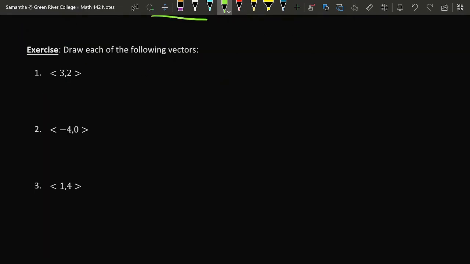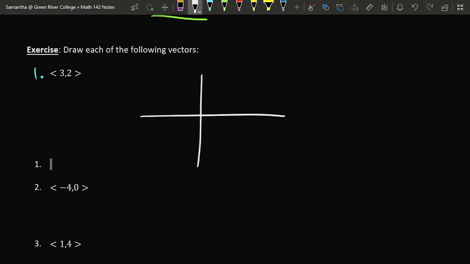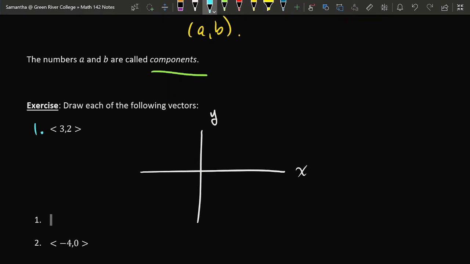Components. So let's take a couple of vectors which are being described symbolically, using components, and let's represent them visually. Let's see what they look like in terms of a picture. To draw, for example, the vector angle bracket 3 comma 2, I would start on the xy plane and I would position the tail of the vector at 0, 0.